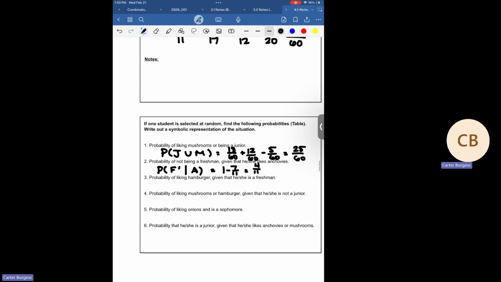So how am I going to construct this? And or, so this should be union, given that we are not a junior.